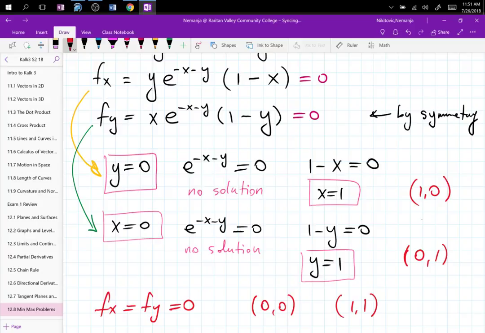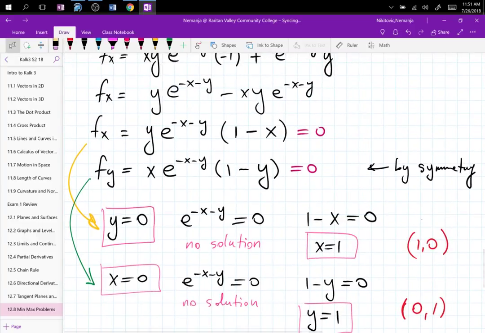Now, when you're looking for fxx and fyy and so on, you do not want to go into these simplified factored versions, because when you have factored versions, that means product rules, right?